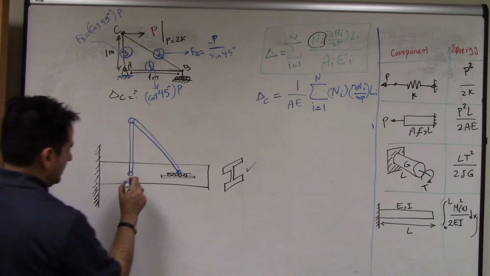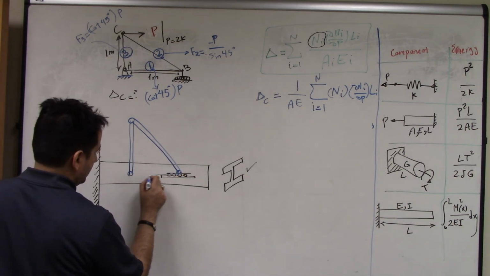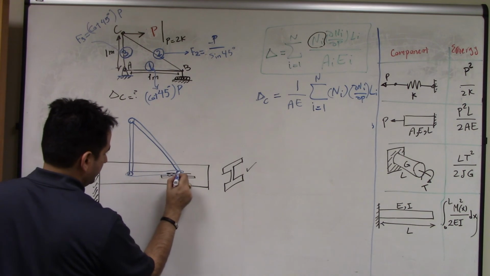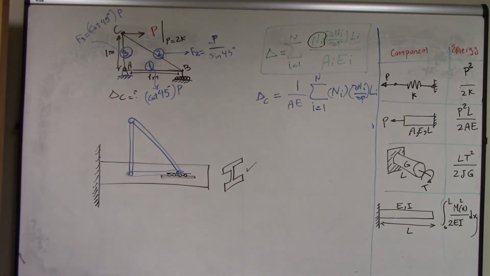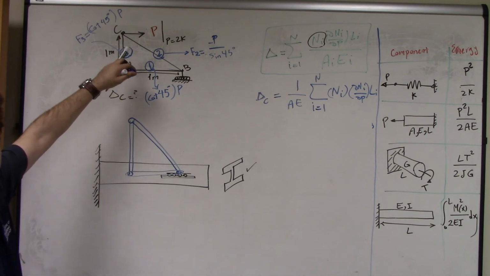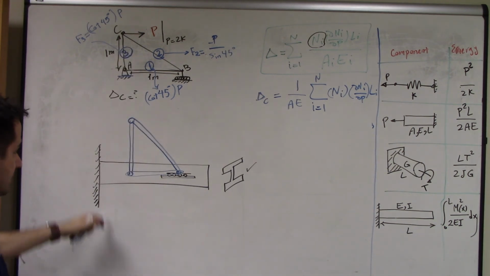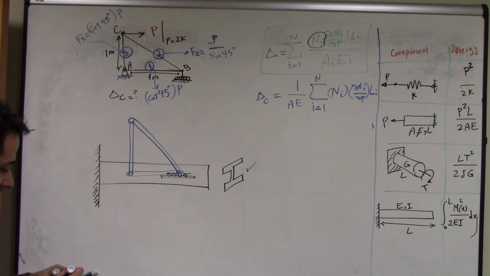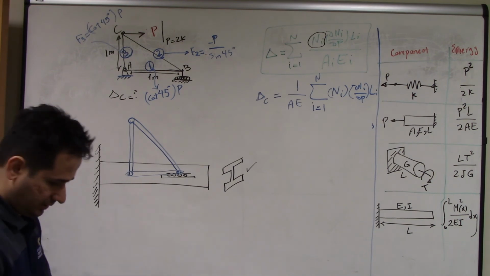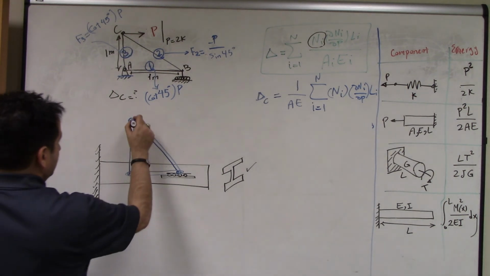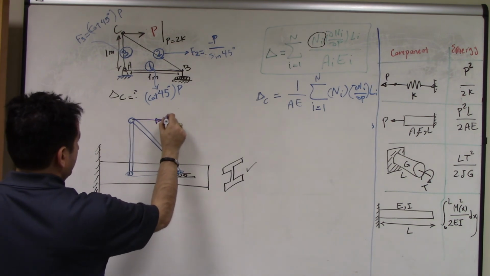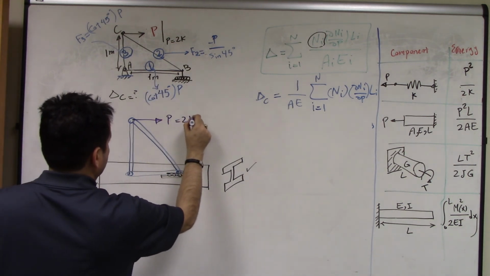And then I put another bar to fix this to the pin. So basically what I did, I just mounted this on a beam, right? So if I apply a force P like that, the same problem, P is equal to 2K.